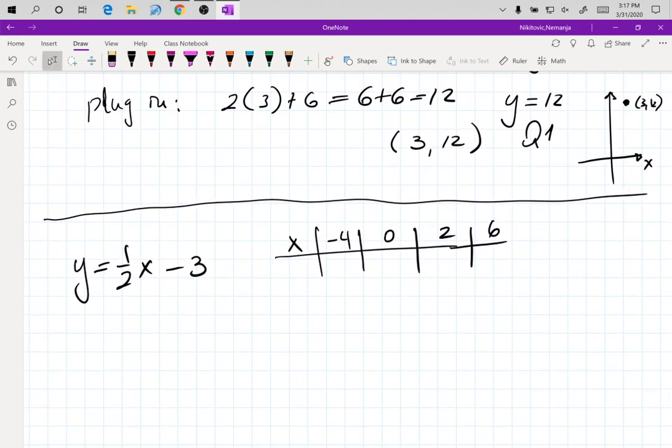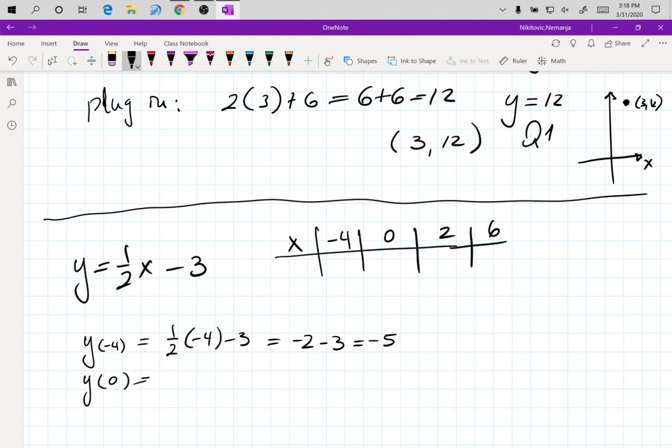You would compute each one separately by plugging them in one by one. So y of -4 is 1/2 times -4 minus 3. Half of -4 is -2, minus 3 is -5. y of 0 is 1/2 times 0 minus 3, which is 0 minus 3, which is -3.